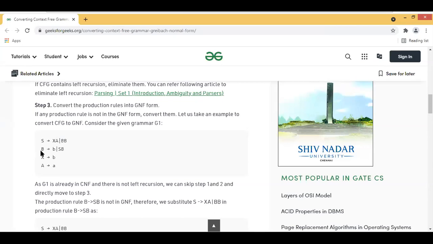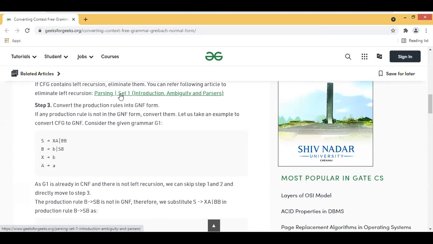So we don't have such mappings, so there is no left recursion. Up to now there is no left recursion, and further we can check whether it will be there or not. So we can skip step number 1 and step number 2, because step number 1 is, you need to convert the given grammar into CNF.